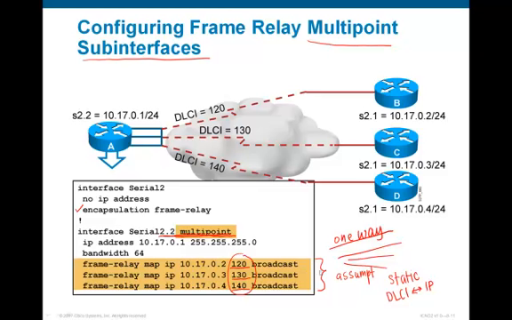So this method assumes that we are going to use a static way of mapping. But remember, as I've shown you, you can use the other configuration not covered in this book, which I've just shown you, to set up a multi-point sub-interface configuration without having to assume that the multi-point connection has to be static mapping.